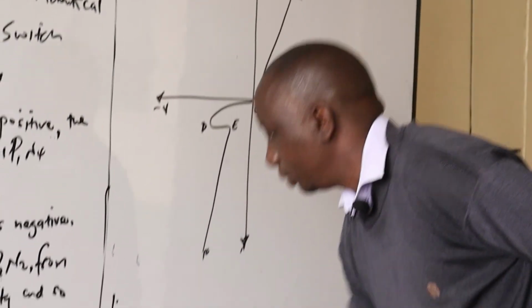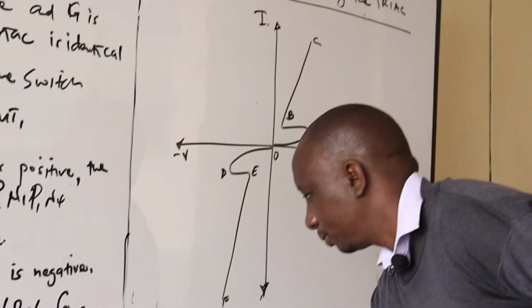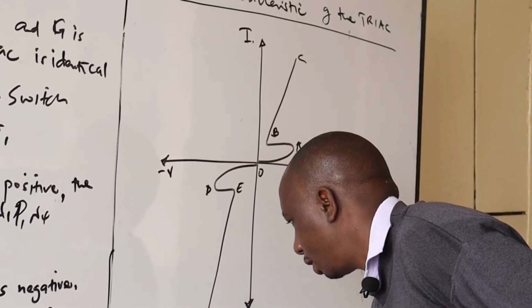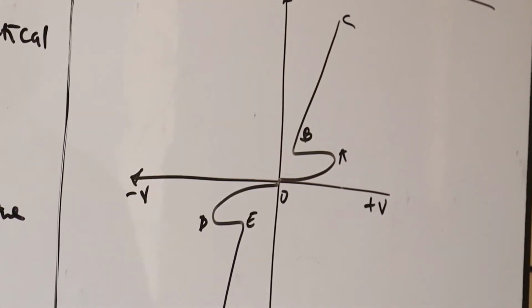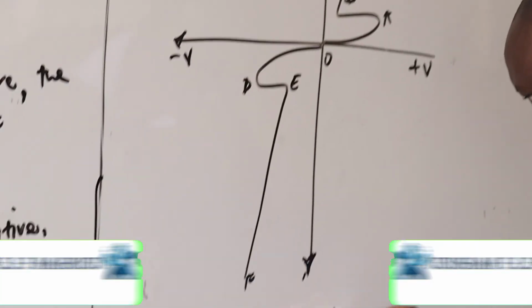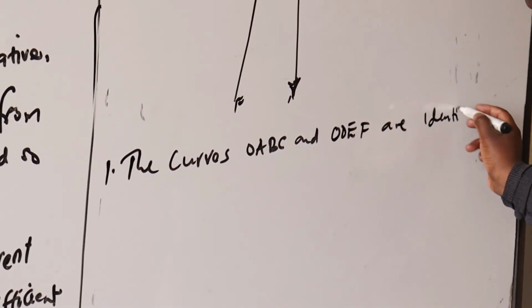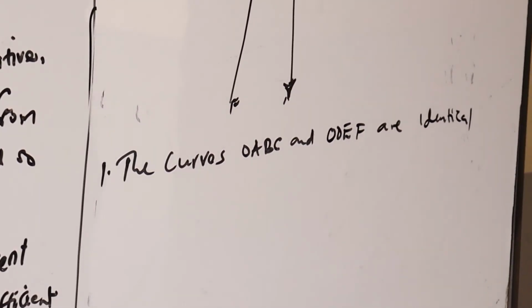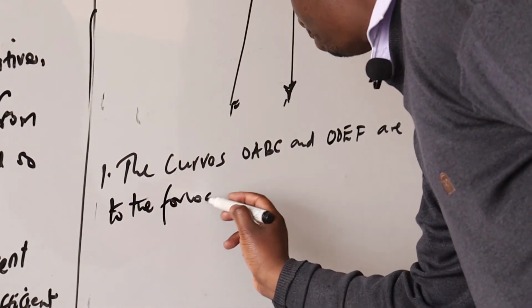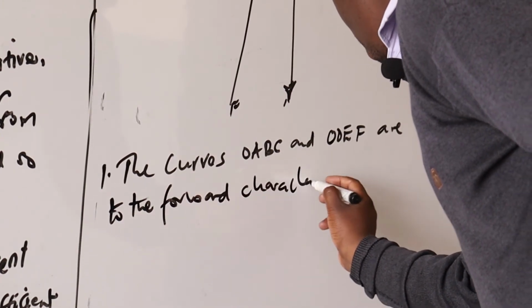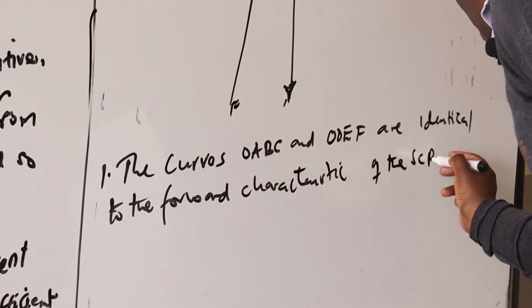So the first statement, we need to understand the curves OABC and ODEF are identical to the forward characteristic of the SCR.